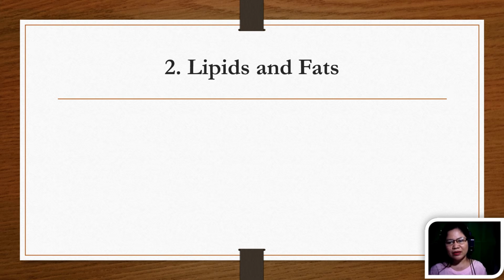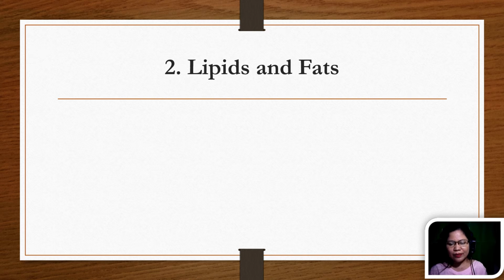Solid triglycerides are known as fat. This type of fats usually comes from animal sources like meat, milk, butter, margarine, eggs, and cheese.